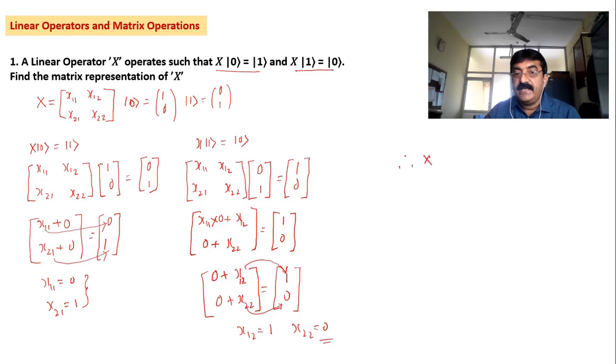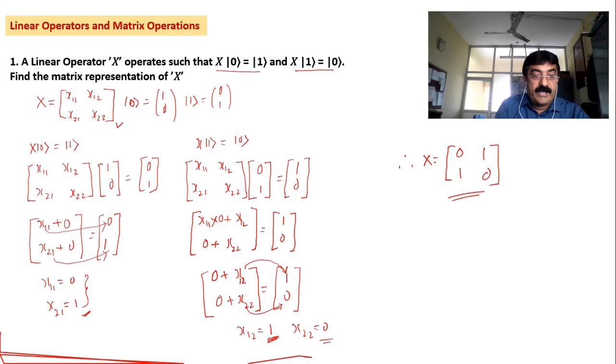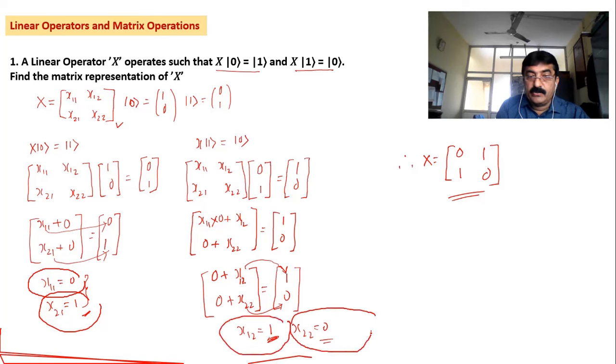Therefore matrix X is equal to, see here is the matrix, substitute: x11 is 0, x12 is 1, x21 is 1, and then x22 is 0. So I have generated this X matrix. What I did, I took this x11 value, x21 value, x12 value, x22 value, all these I substituted in this X matrix, so I generated this.